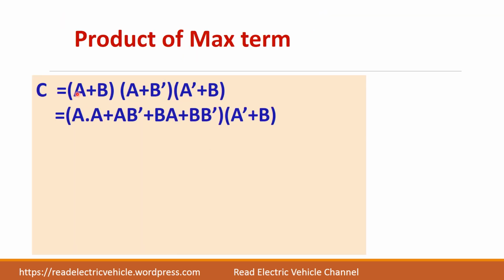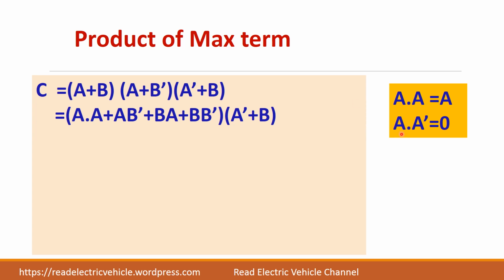If you simplify this, just multiply the first two terms: A into A plus A into B dash plus BA plus BB dash, into the same third term. What is A into A? A into A is A. That is, 1 into 1 is always 1, and 0 into 0 is also 0. So instead of A into A, you can write A. Another thing here is B dot B dash is there.